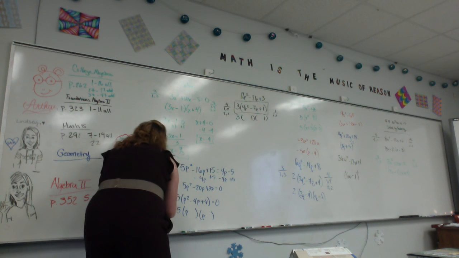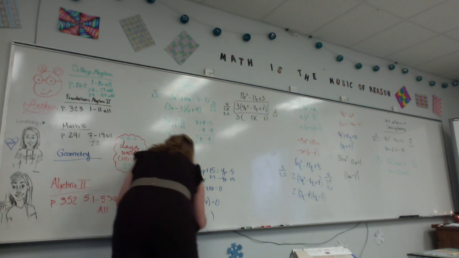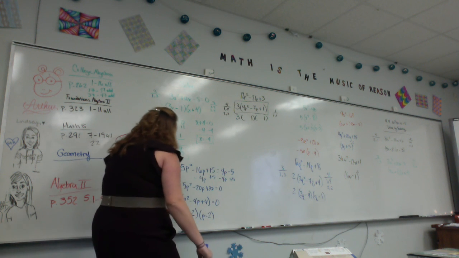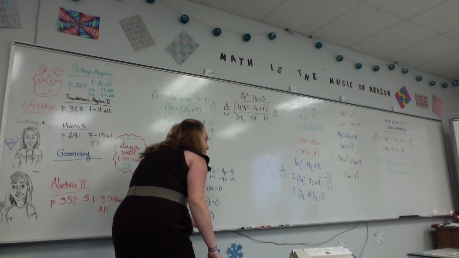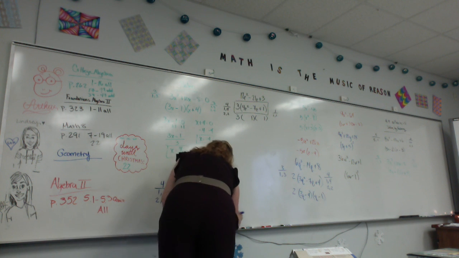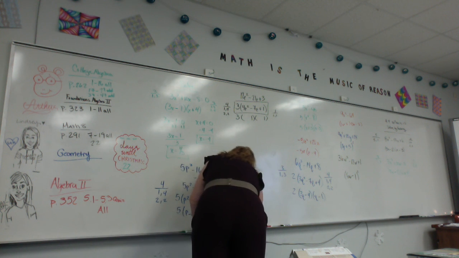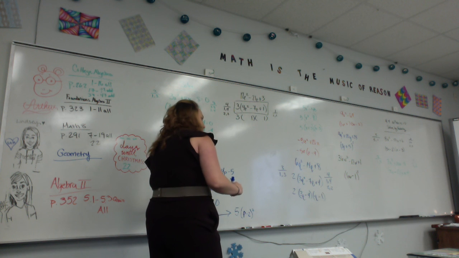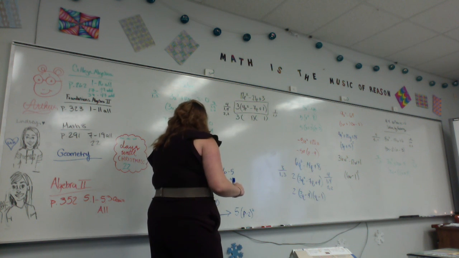The other factors of 4 are 2 and 2, so what do they both have to be? Negatives. So these are the same thing, correct? Okay. So I would rewrite it like this. 5 times p minus 2 squared. Okay. Because I had a perfect trinomial.